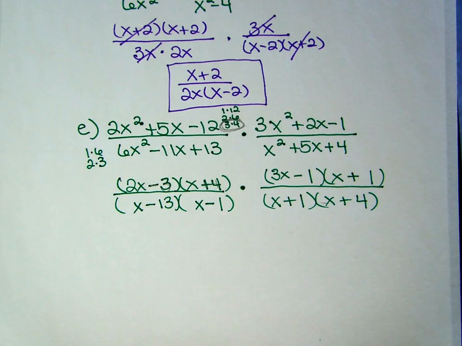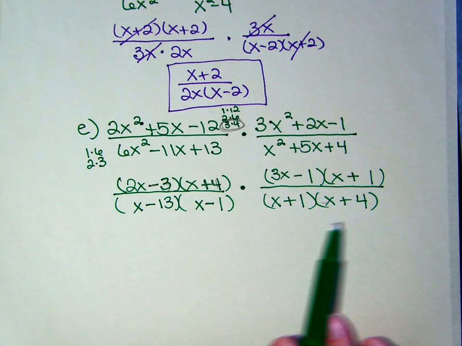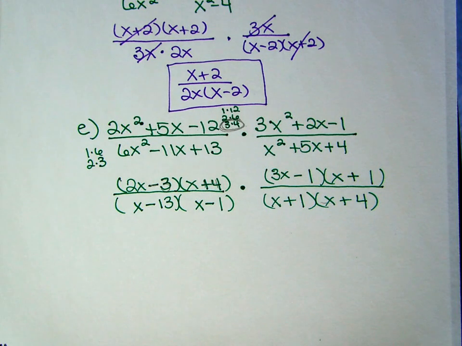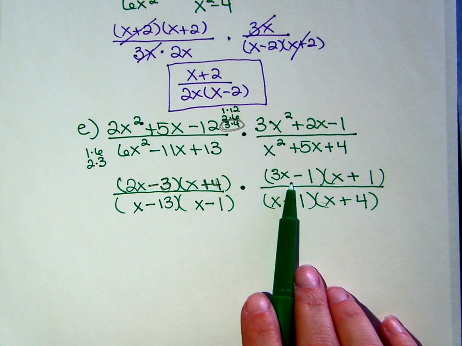Does anybody want to wager a guess at what I'm going to put where based on other factors that I have from other polynomials? Like, do I have any factors that have a minus 1 or a minus 13? I have that one. So I'm going to try sticking a 3 here.